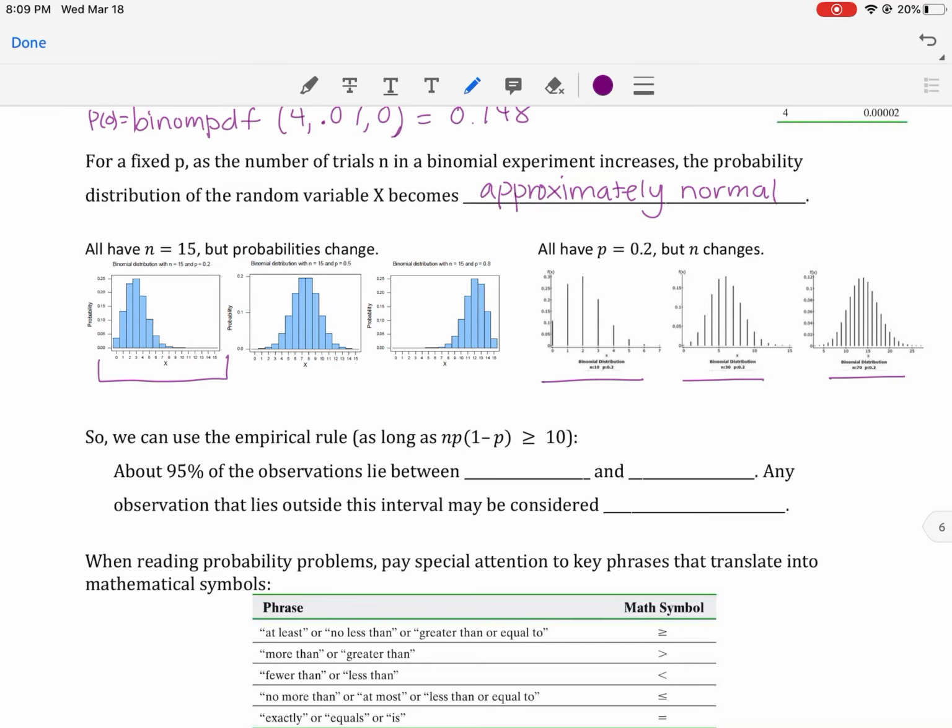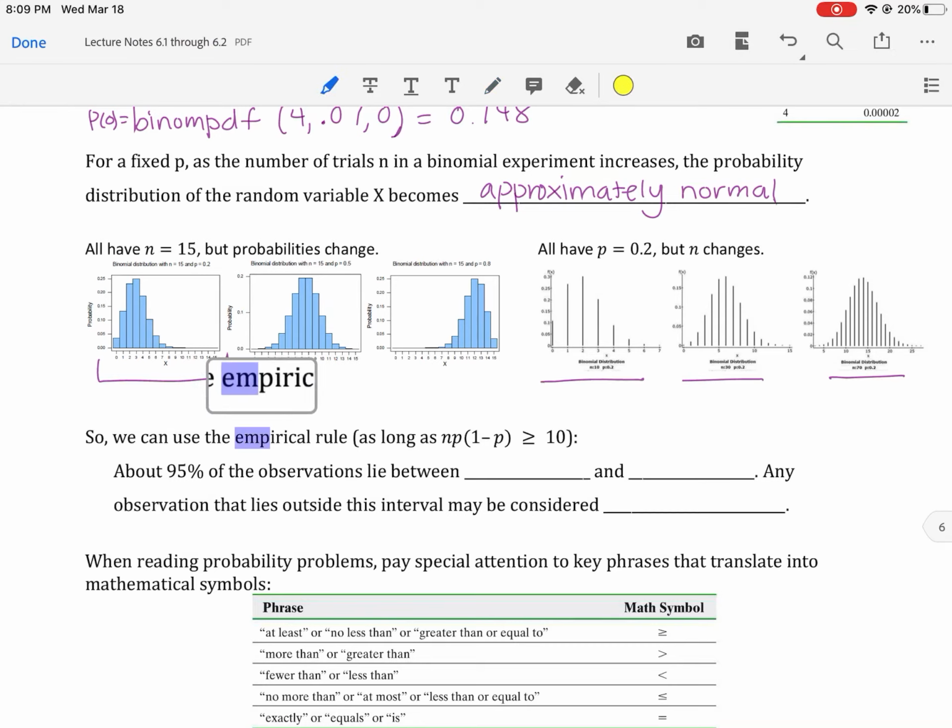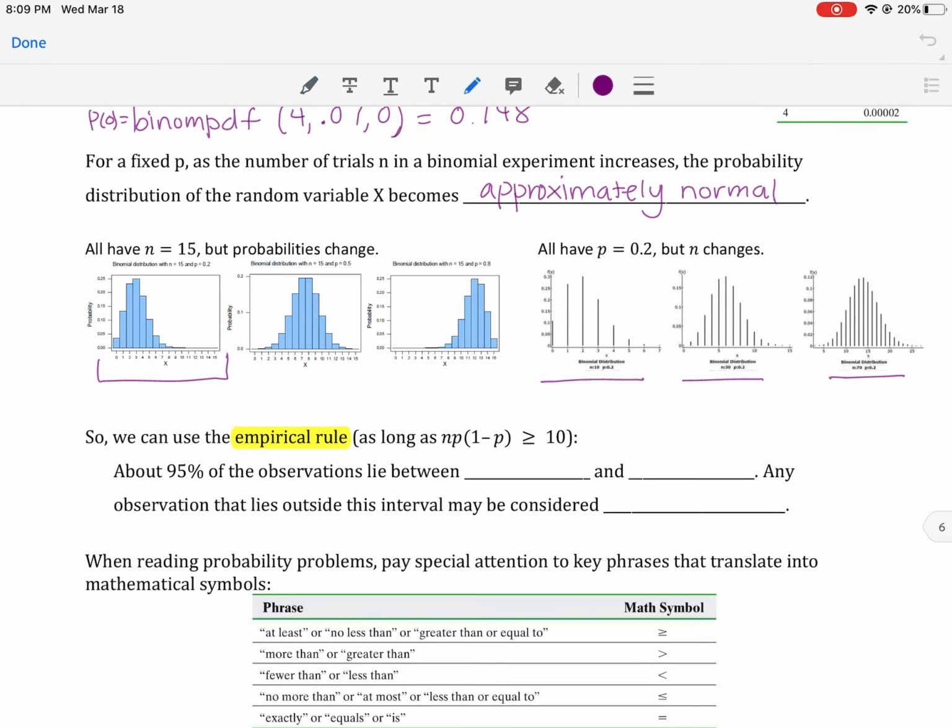So with that in mind, we can use the empirical rule as long as the number of trials times the probability of success times the probability of failure is greater than or equal to 10. So remind yourself about the empirical rule. We got 68, 95, 99.7.